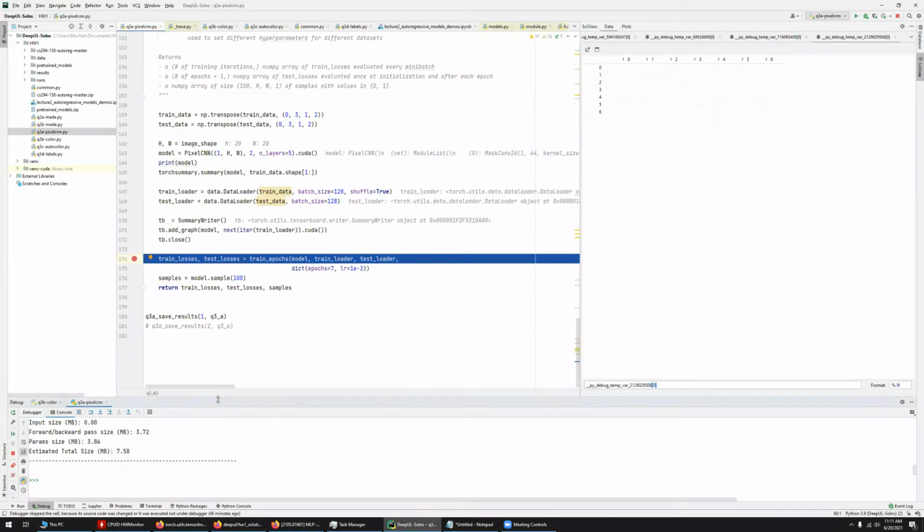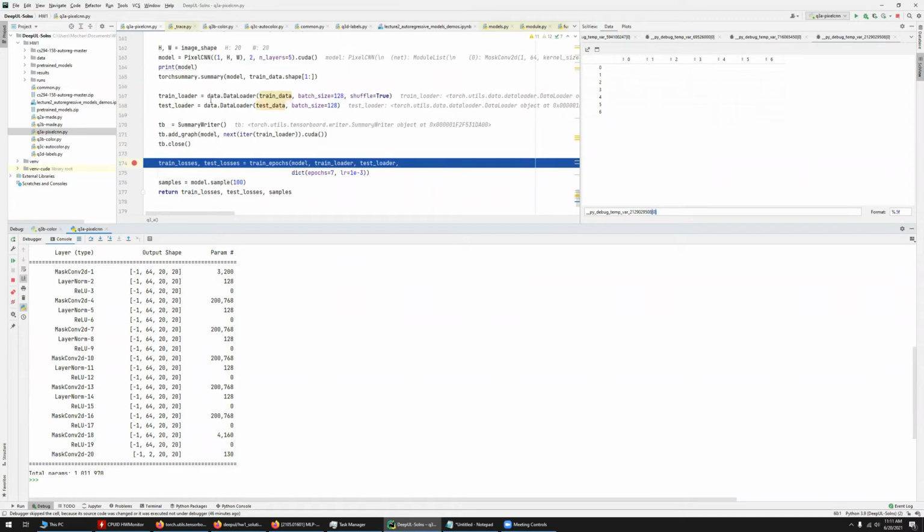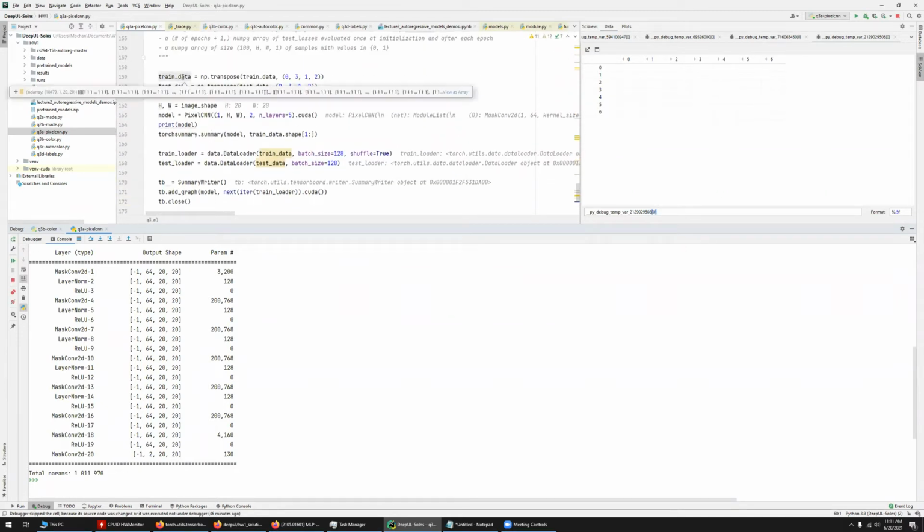I can show the architecture. Our input is the same as before, 1 by 20 by 20, a 20 by 20 binary image of 0s and 1s. It takes batch size 1 by 20 by 20 and converts it into 64 by 20 by 20, and then maintains that throughout. Each mask, there are 64 masks there.